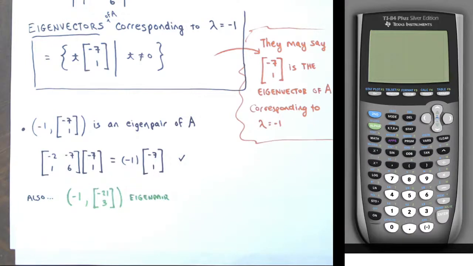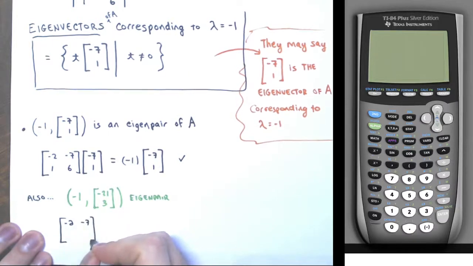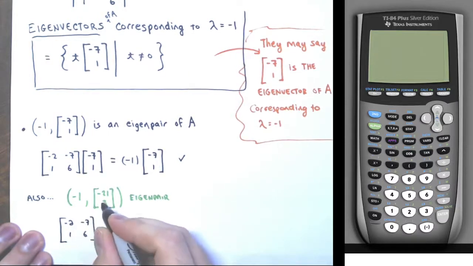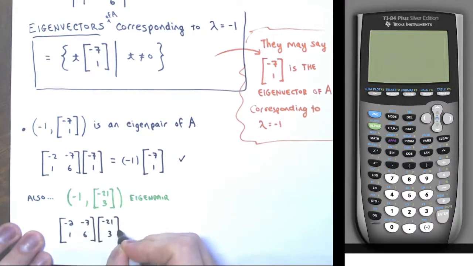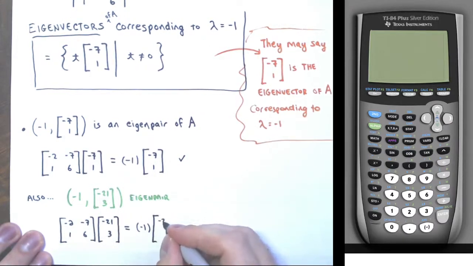Take matrix A, -2, -7, 1, 6 here, multiply it by -21, 3, and what I get as a result should be -1 times that same vector -21, 3. Let's check this.